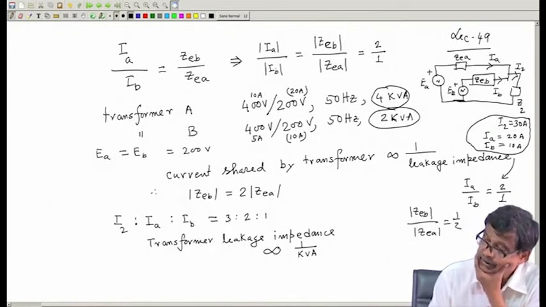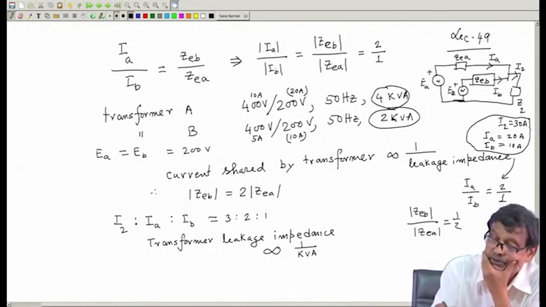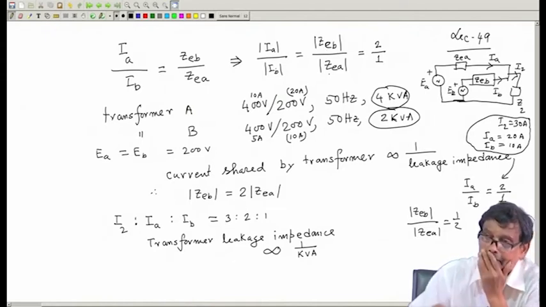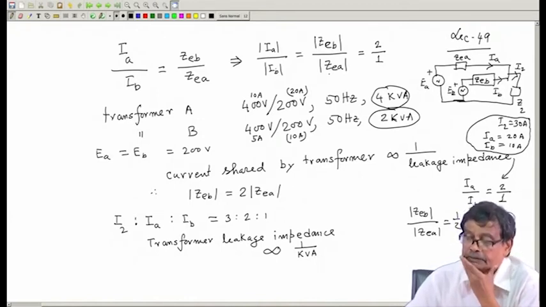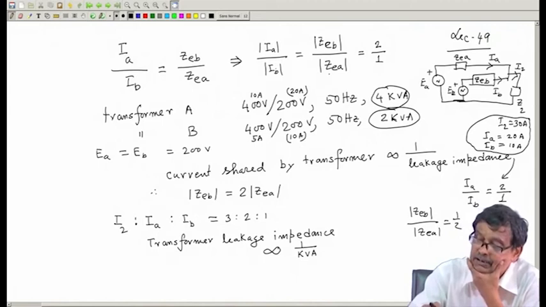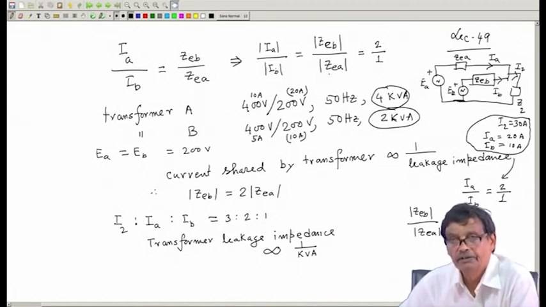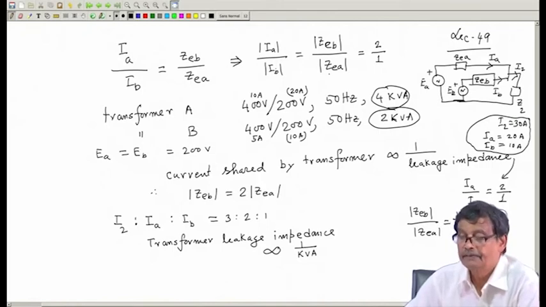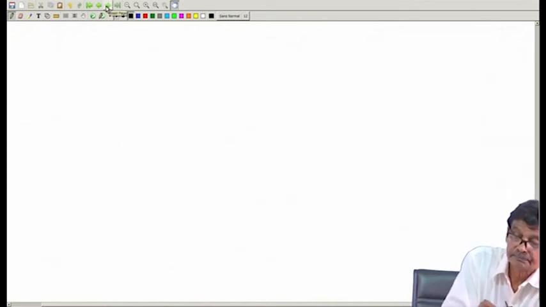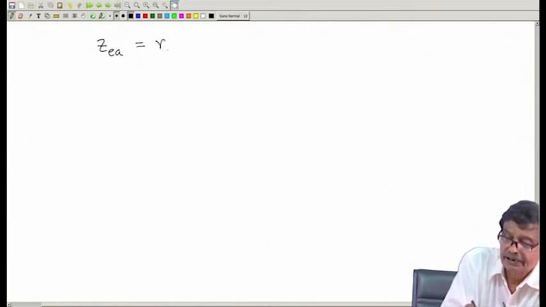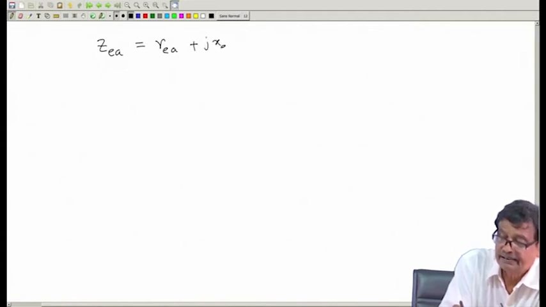Now, mind you, the ratio of the magnitudes of the currents is ZEB by ZEA. Now, I say that the magnitude of the leakage impedances should be inversely proportional to their kVA ratings, fine, but ZEA itself is REA plus jXEA, all with respect to the secondary side.